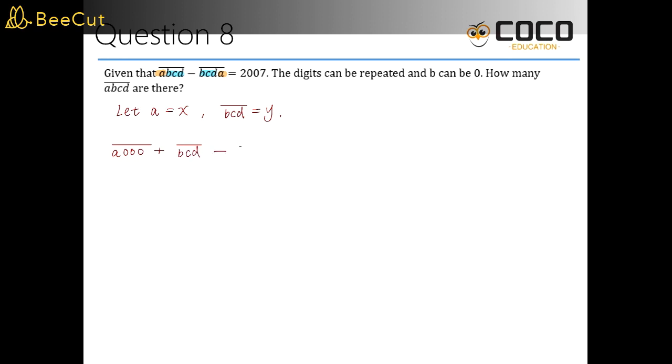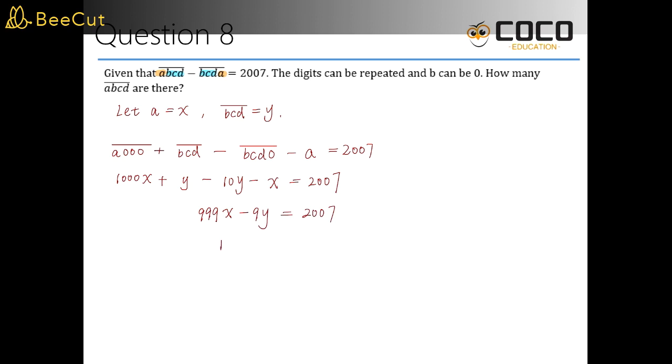And for the number BCDA, we can write it as BCD0 plus A. So A000 is 1000A, we can also write it as 1000X, because we let A equal X. BCD0 is 10 times Y. And A is just X. So solving this, we have 999X minus 9Y equals 2007.